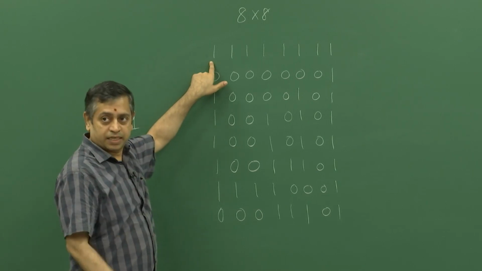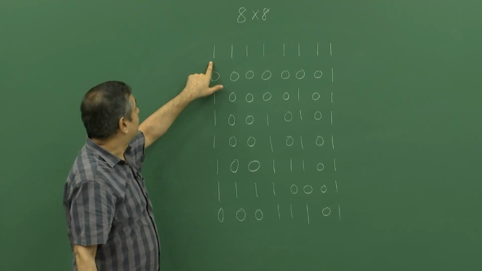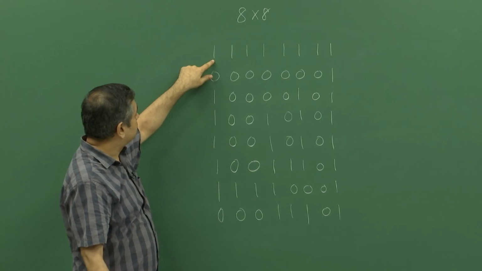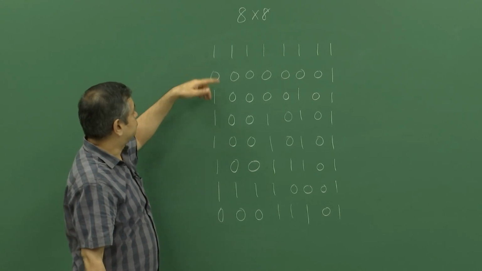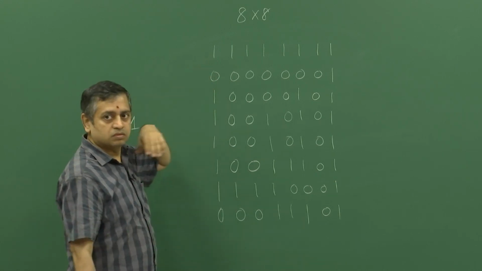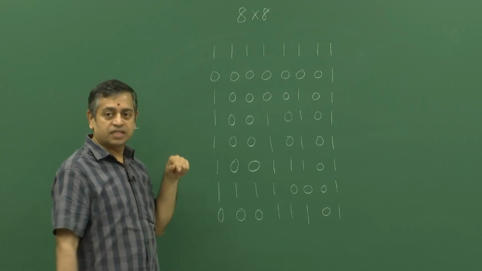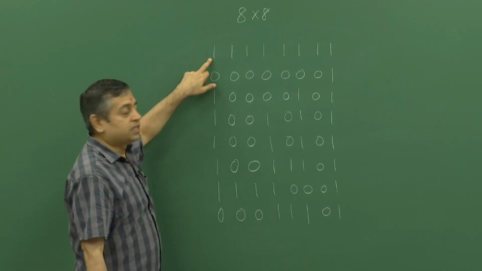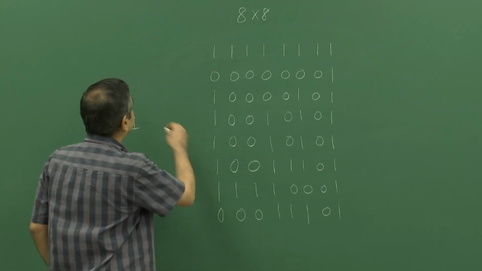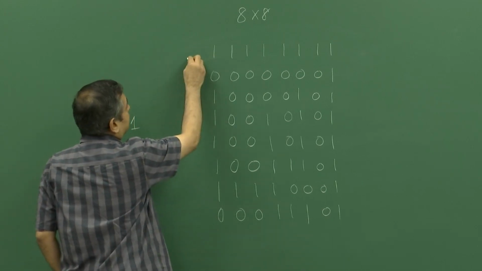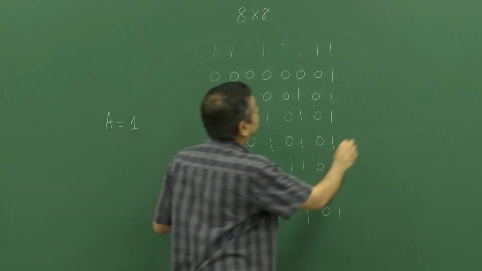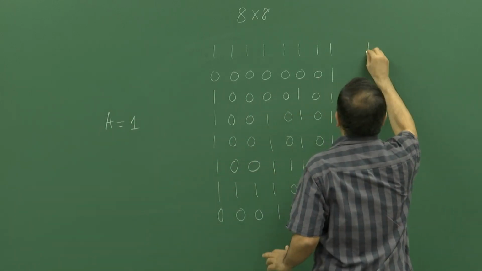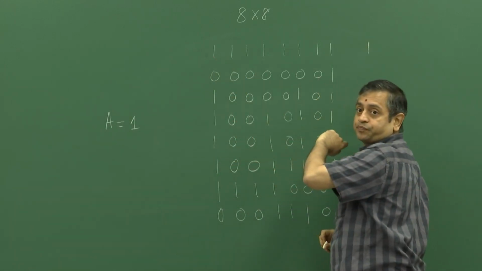So, let us say that I start from here, and the first time you see this number, you identify whether it is A or not. It is A, and so this is a cluster. Let us say that I label this as 1. So, I label this as 1.